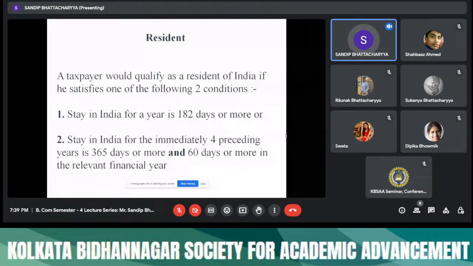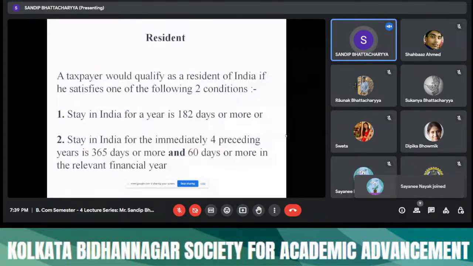Either a person or an individual should stay in the previous year 182 days or more. This is the first basic condition. If it is satisfied, then he will be treated as a resident. But if it is not satisfied, then we move forward to the second condition. What is the second condition? In the previous year 60 days, and in the last 4 previous years 365 days, apart from the preceding one.